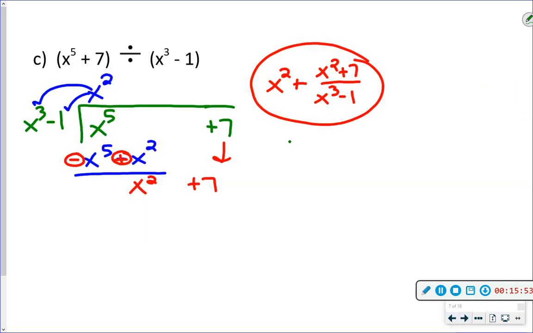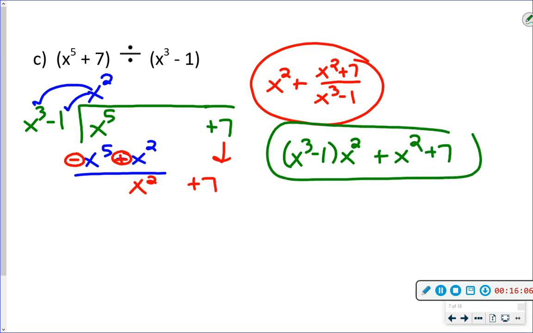So our divisor, x cubed minus 1, times the quotient, our answer, which was just x squared, and then plus the remainder. If you FOIL, distribute, etc., you'll get the original starting problem.